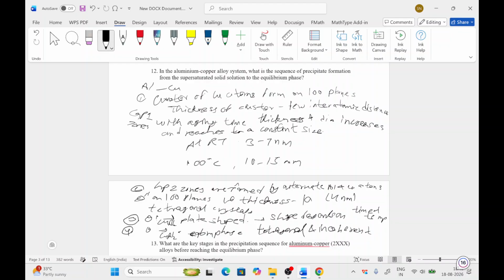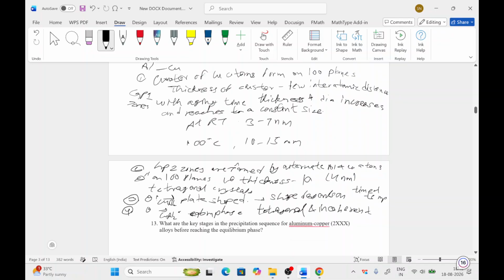Okay, so the first GP1 zone forms in the aluminum copper system as a copper atom cluster. In the GP2 zones, the aluminum and copper atoms are alternately arranged to form tetragonal precipitates.